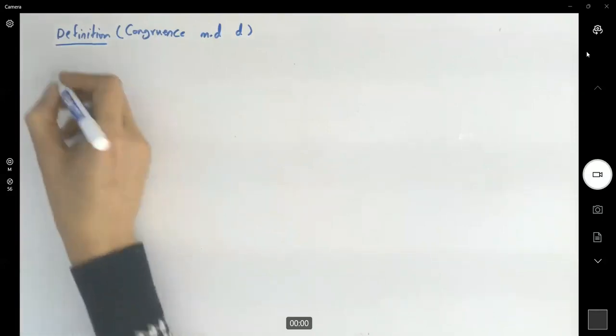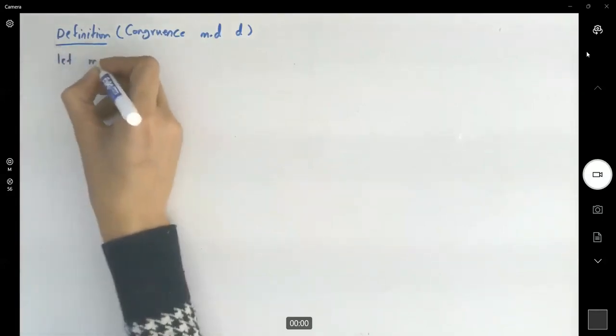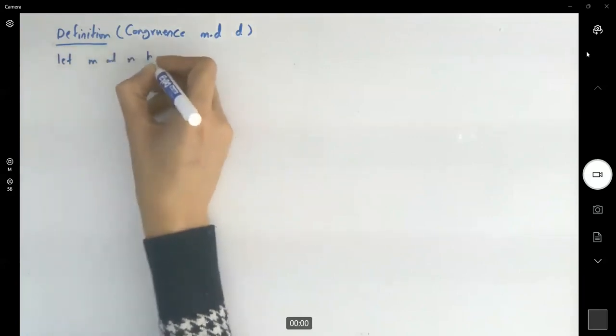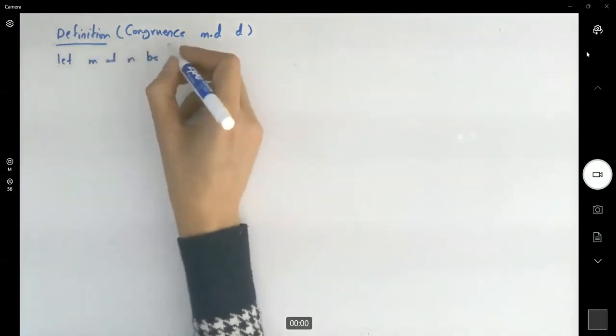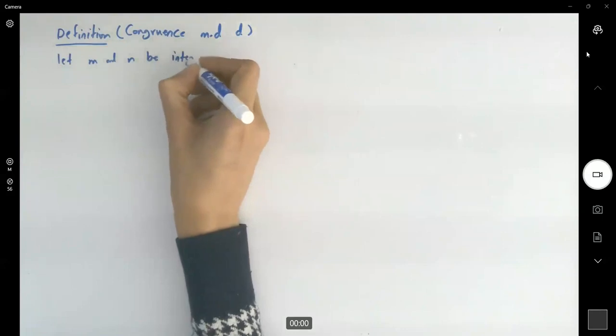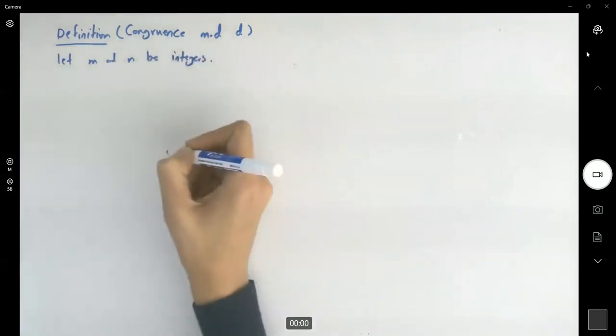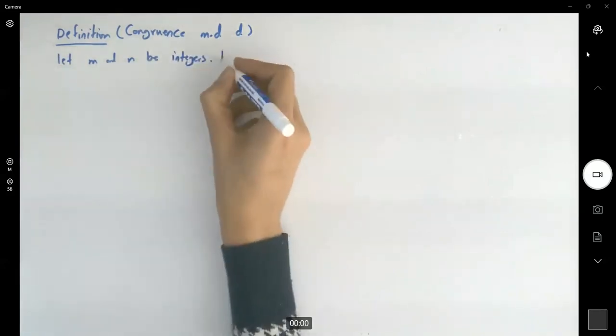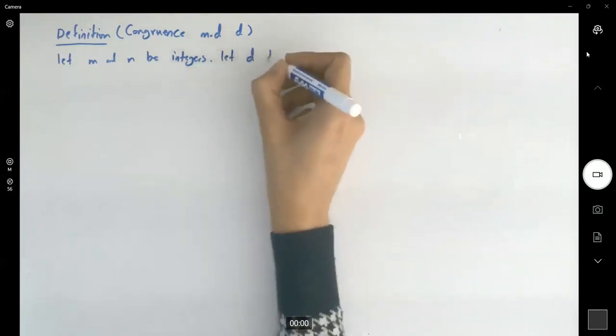Suppose you have two integers. Let m and n be two integers. Let d be a positive integer.